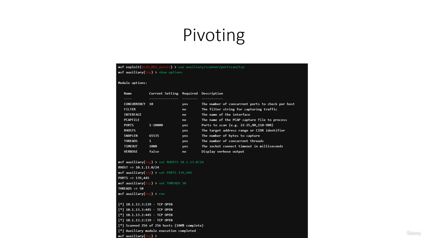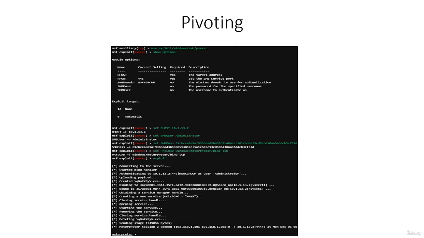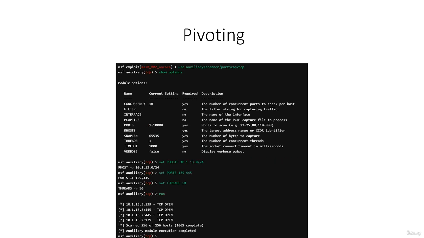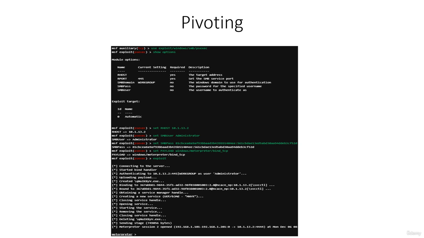So we have discovered an additional machine on this network with ports 139 and 445 open, and we will try to reuse our gathered password hash with the exploit module. Just set the host and all of those. We are also going to set the exploit.